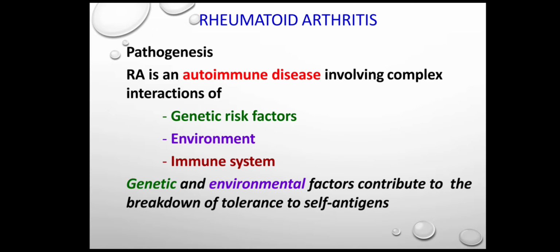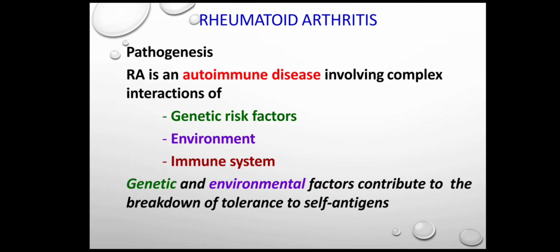Environmental factors means infection and smoking, because all infections and smoking might lead to inflammation. So inflammation is again a predisposing factor for autoimmune reaction. Genetic and environmental factors contribute to the breakdown of tolerance to self-antigen. So in any autoimmune disorder, the tolerance to self-antigen is very important.